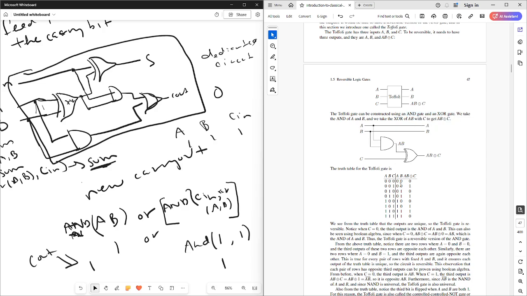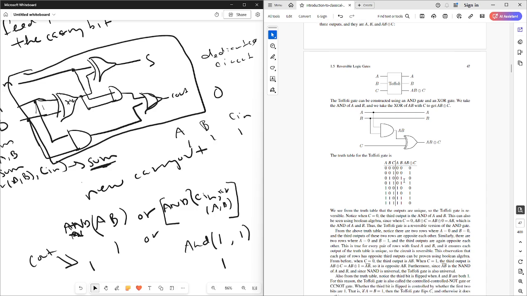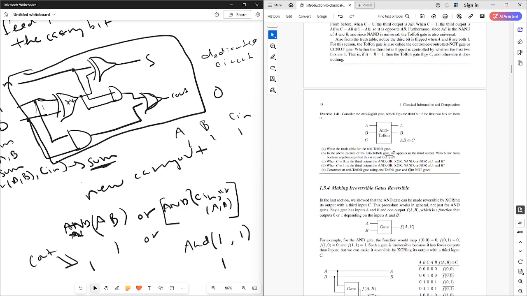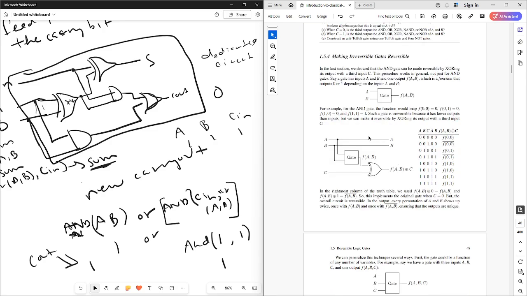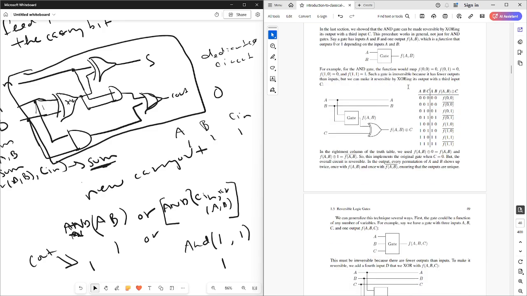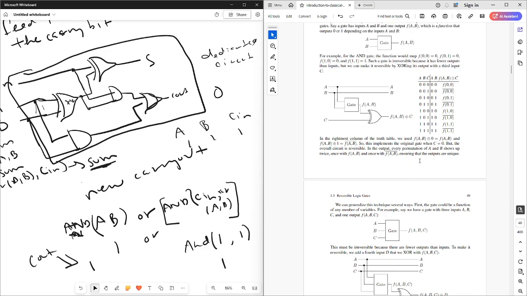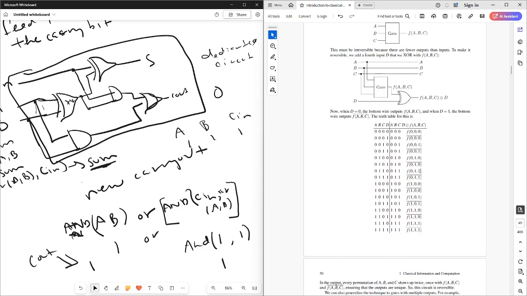So this enables us to be reversible, because now for every distinct input we have a distinctive output. Making irreversible gates reversible, right? We add the XOR here, and that gives us reversibility, because we can literally see it unfold in the truth table.